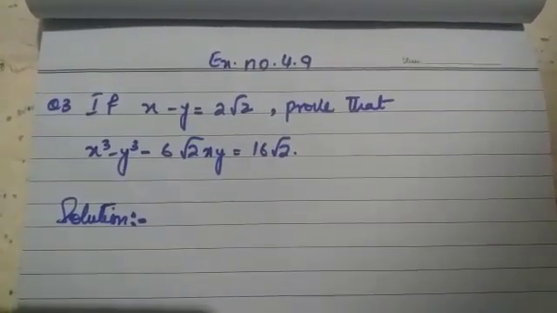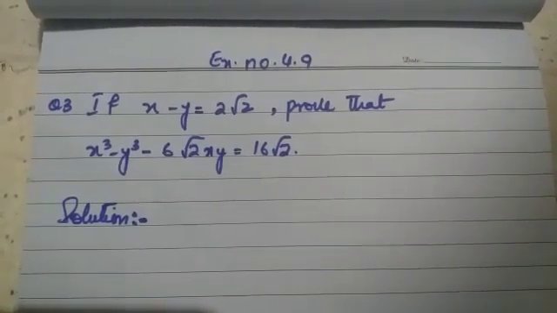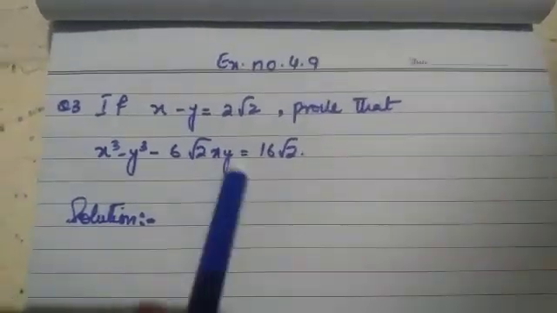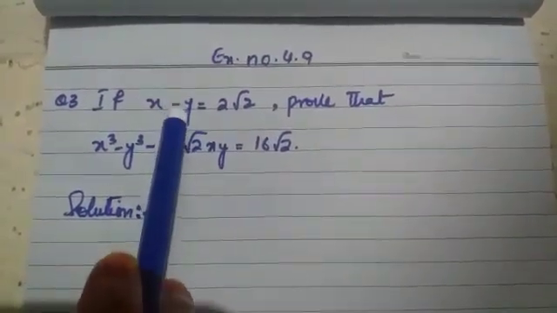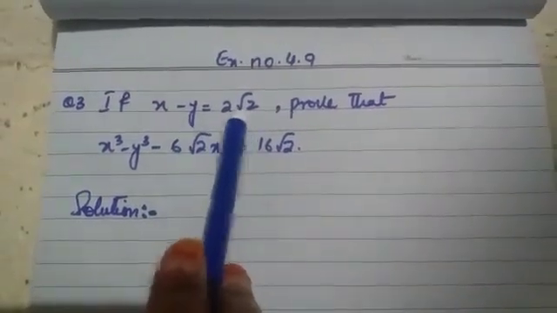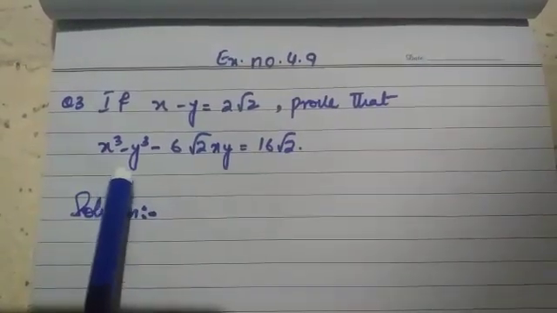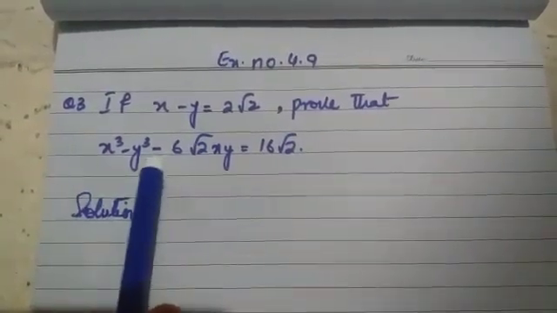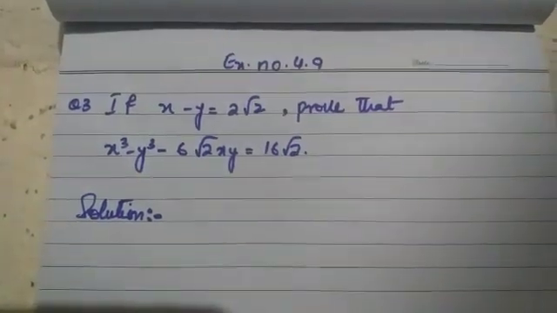And that quantity is x cube minus y cube minus 6 under root 2 xy, that is equal to 16 under root 2. It means that when we use the formula of cube on both sides of equality, the quantity which we should get in the end is x cube minus y cube minus 6 under root 2 xy is equal to 16 under root 2.